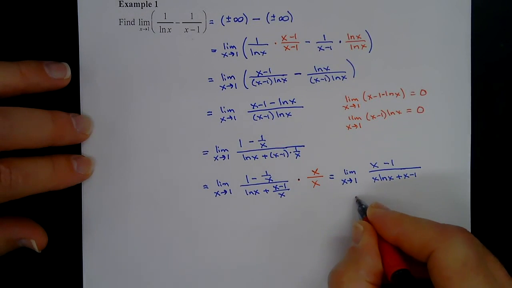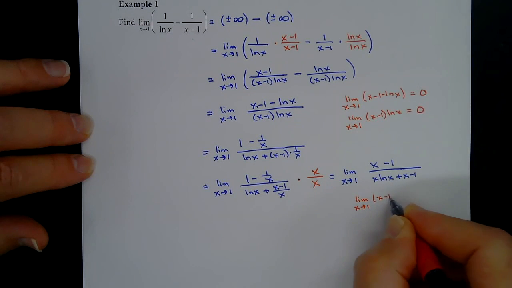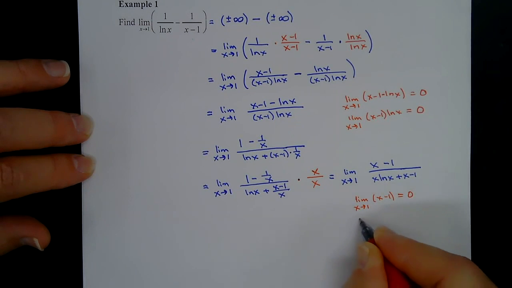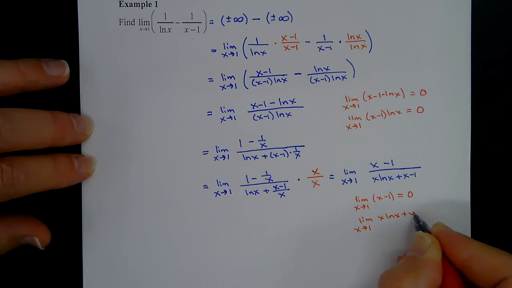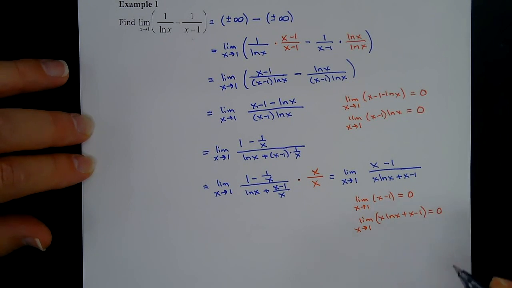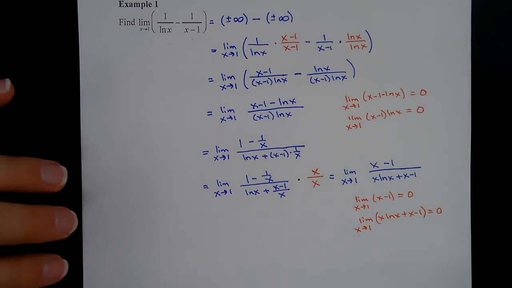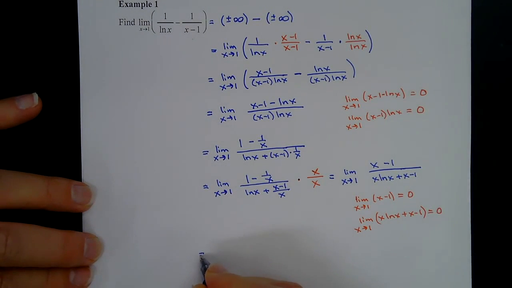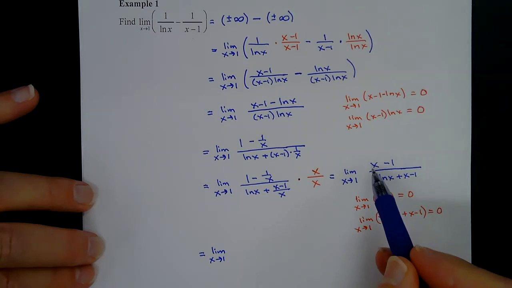Okay, so for this one, the limit as x approaches 1 of x minus 1 comes out to be 0. And we also have the limit as x approaches 1 of x ln of x plus x minus 1, and that also turns out to be 0. So we can apply L'Hopital's rule to this. What a pain, huh? The limit as x approaches 1 of, the derivative of the top would be 1.